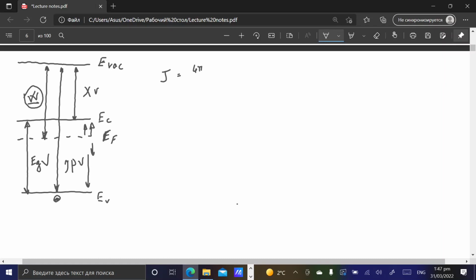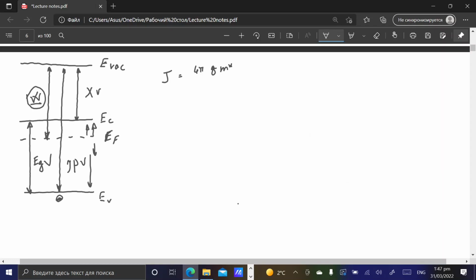So it's 4 pi times q times effective mass of electron times k squared divided by h cubed, and here is T squared times exponent of minus (E vacuum minus Fermi energy position) divided by kT.